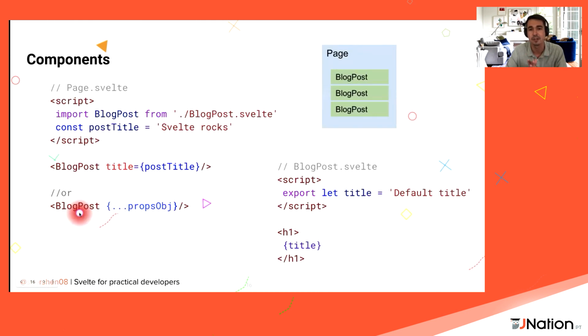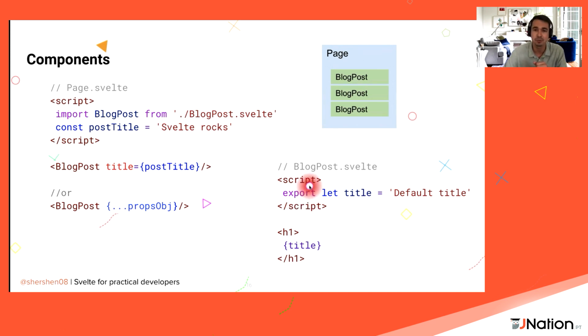When we go further and we want to combine several components, we do it the following way. We import the child component. Here we have a simple setup of a page component and several blog post components in it. We create those two files. We indicate properties by adding the export keyword to them.